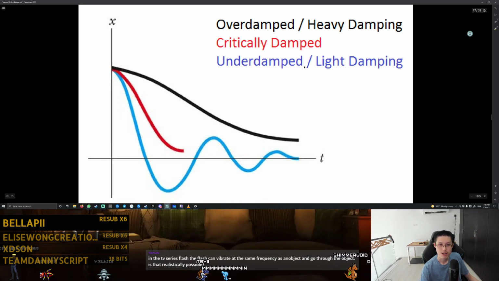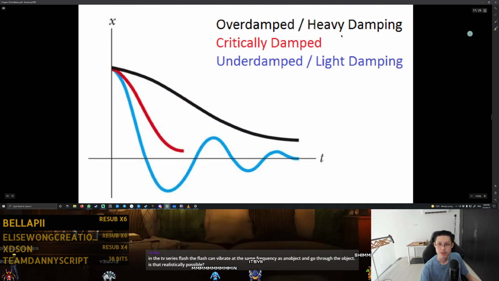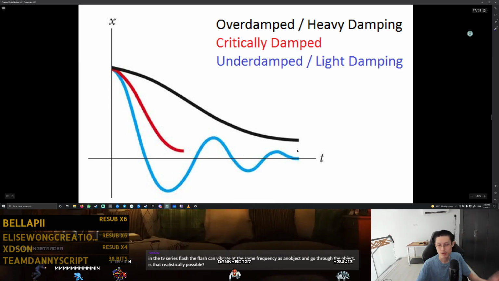We also have heavy damping. Heavy damping kind of looks like this black line here, where it never completes a single cycle. It just goes on like this and stops. But light damping completes several cycles before it comes to a stop, with air quotes, because it never technically stops.